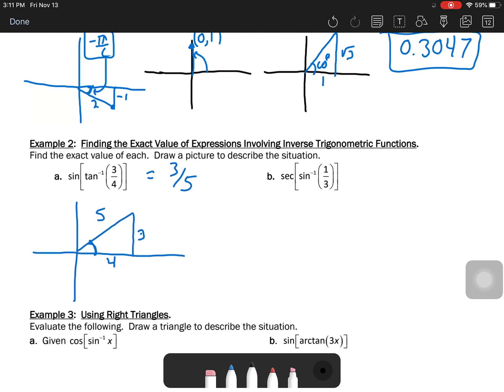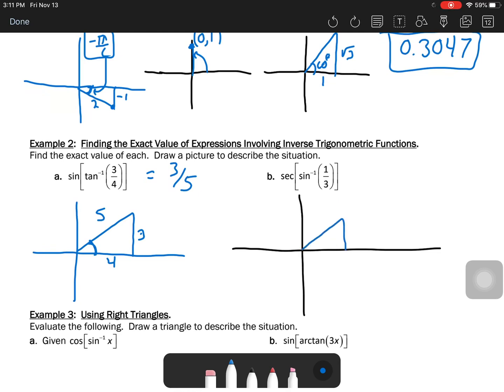Okay, so in a similar way here, if we draw this out, and we've got an inverse sine of 1/3, that means we're going to have opposite is 1 and hypotenuse is 3. Let me redraw that so that it's more to scale.